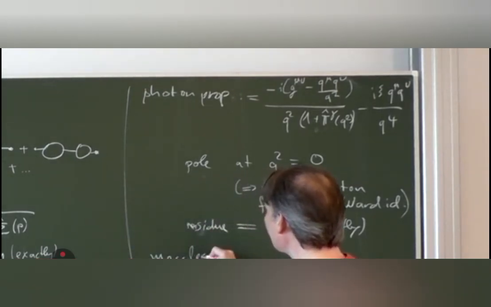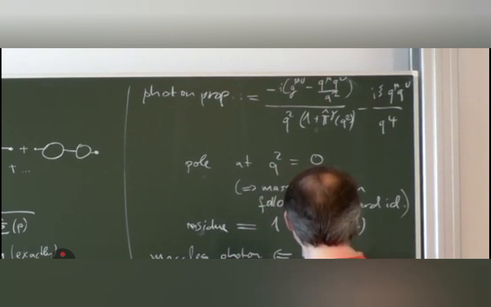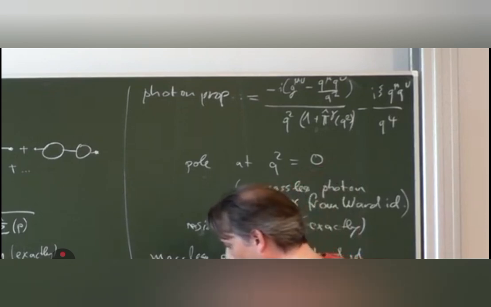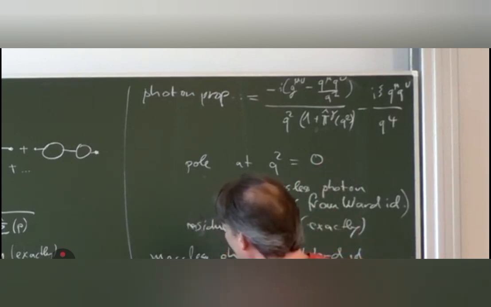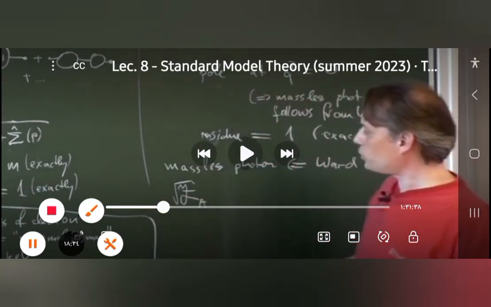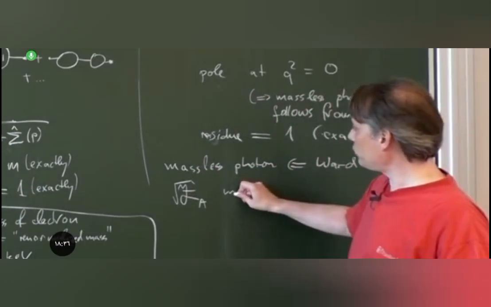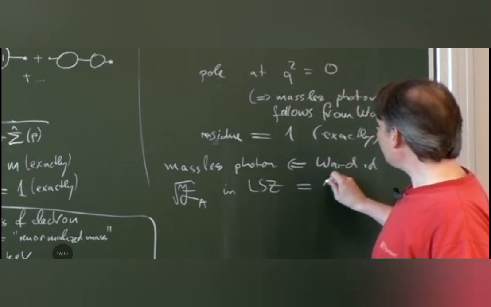Massless photon from Ward identity, and this curly Z_A, which would appear in the LSZ formula, is not necessary, would be equal to 1.